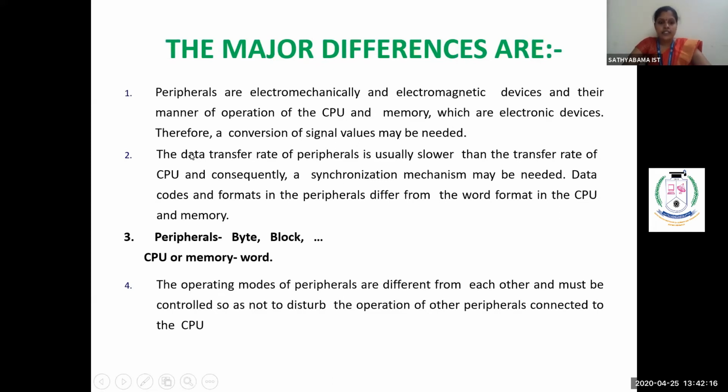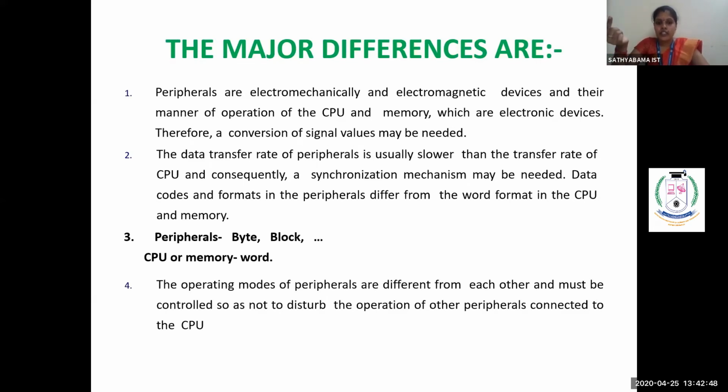Again, the first difference: peripherals are electromechanical or electromagnetic, and the CPU is an electronic device, so you need a communication line.